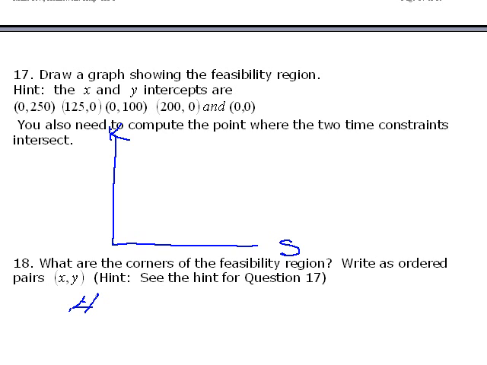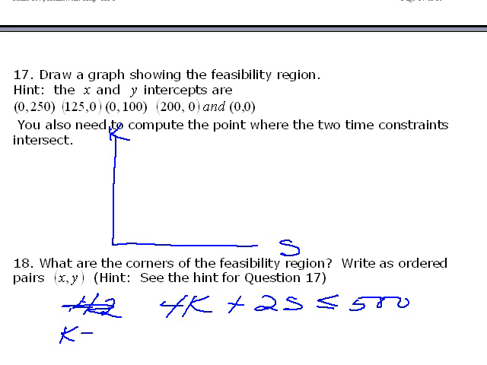Let's do the first one: 4k plus 2s has to be less than or equal to 500. First we'll set k equal to 0, and that gives me 2s is less than or equal to 500, or s had better be less than or equal to 250. Take the outside number, and that will give you the edge.